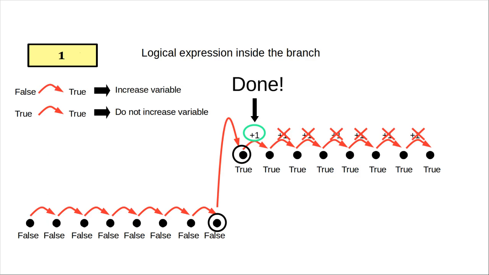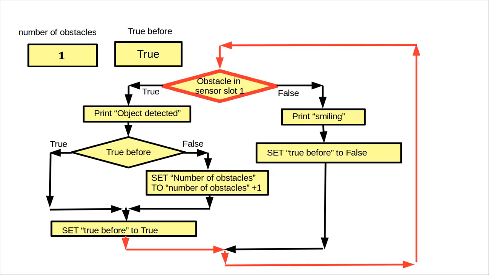It follows that we have now managed to avoid all the bad increases. When the obstacle is removed, the true before variable becomes false again, and we are ready to count the next obstacle.